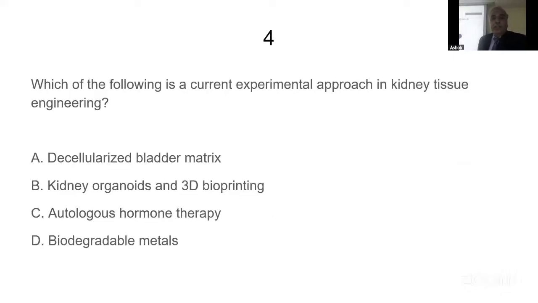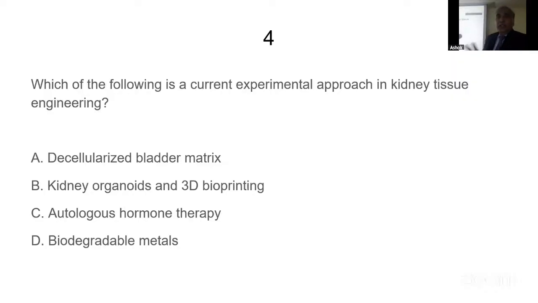Which of the following is a current experimental approach in kidney tissue engineering? Decellularized bladder matrix, kidney organoids and 3D bioprinting, autologous hormone therapy, biodegradable metals. Kidney organoids and 3D bioprinting.